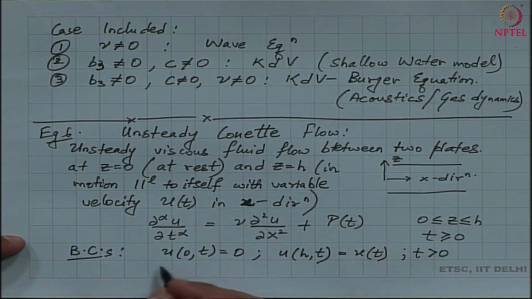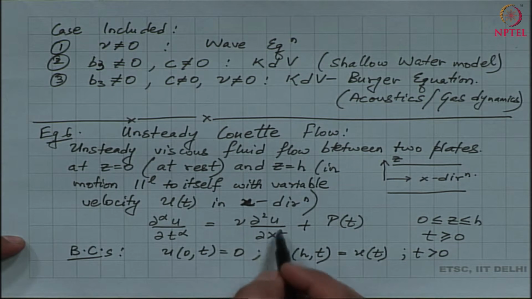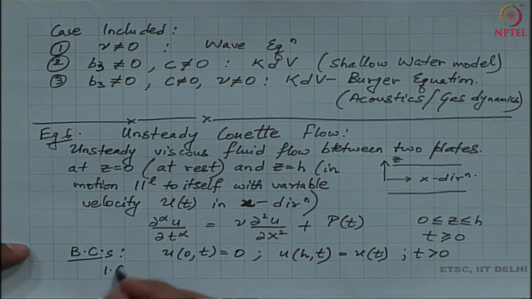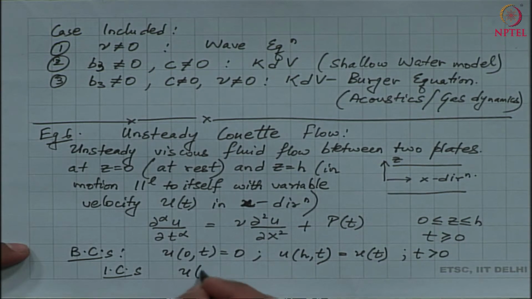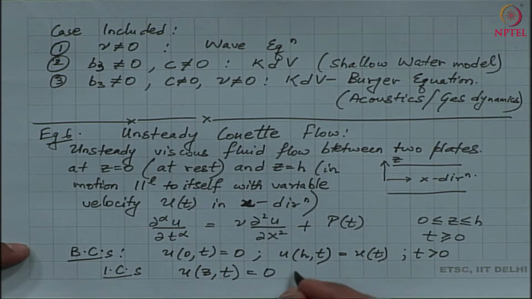Okay. So, these are my boundary conditions. So, this is second order in space, and my initial condition is u at z comma t is 0 for all t non-positive. So, let me just denote these are my boundary conditions.